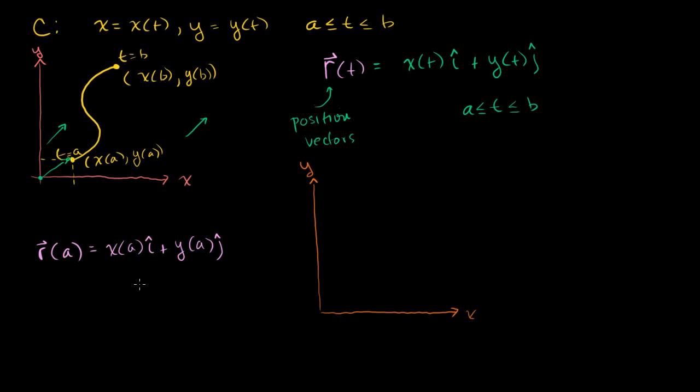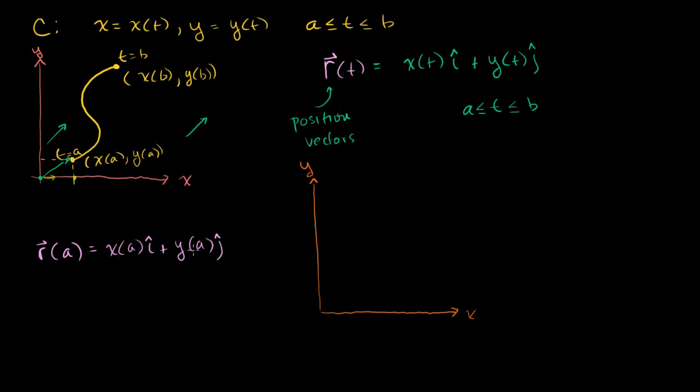And what's that going to look like? Well, x of a is this thing right here. So it's x of a times the unit vector. Maybe the unit vector is this long. It has length 1. So now we're going to have a length of x of a in that direction, and same thing for y of a, a length of y of a in that direction.